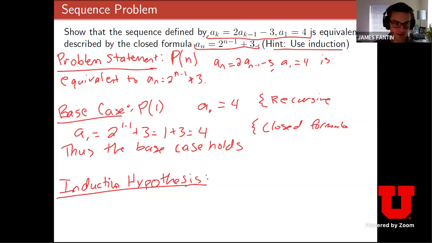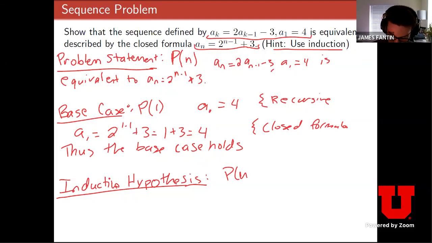To assume that P of n is true, and then checking for P of n plus 1. Yeah, so the inductive hypothesis is that P sub n is true, and then the inductive step will show exactly what you're saying. We'll prove that P of n plus 1 is true.